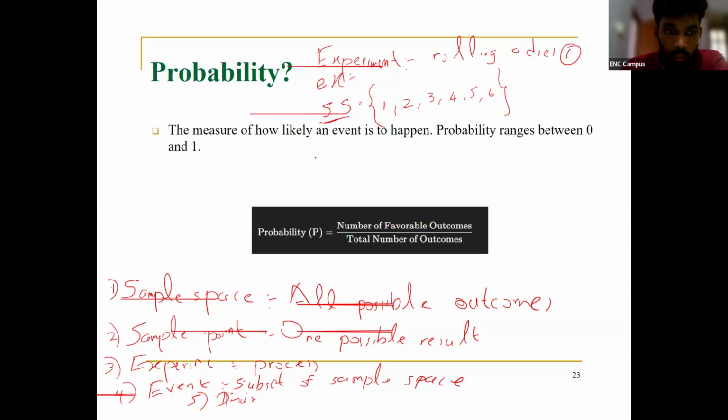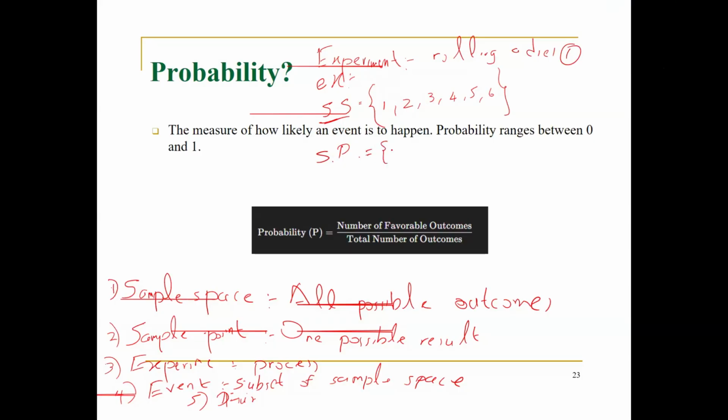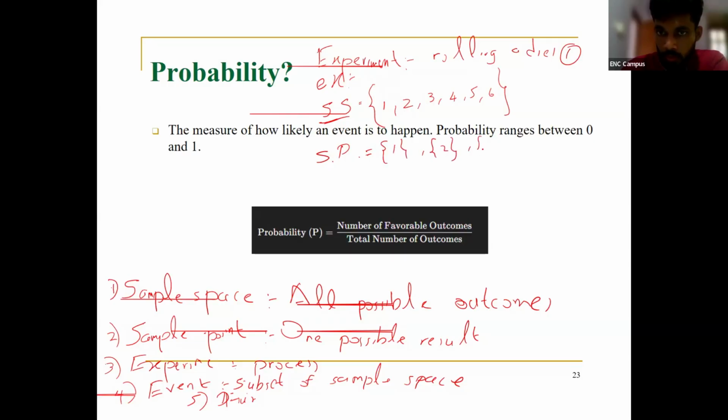Then we have a sample point. Sample point means one possible outcome. So 1, 2, 3, 4, 5, 6 are all sample points.